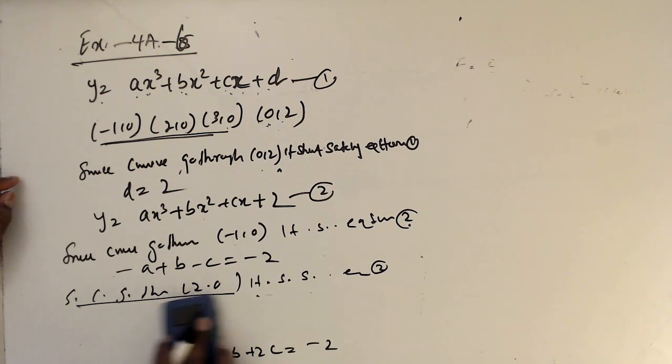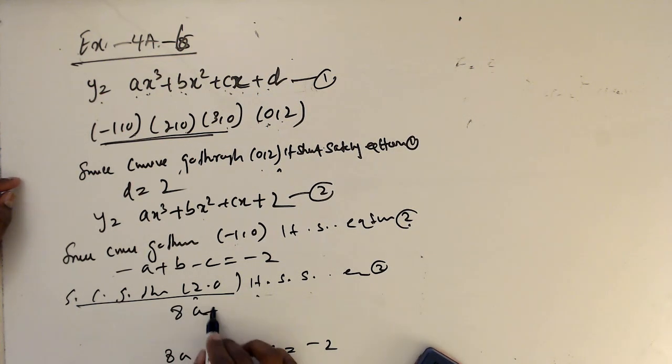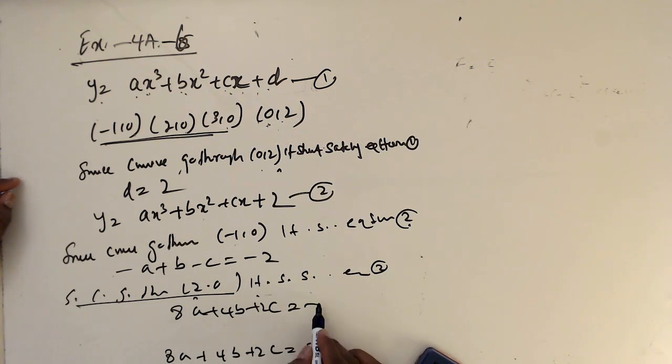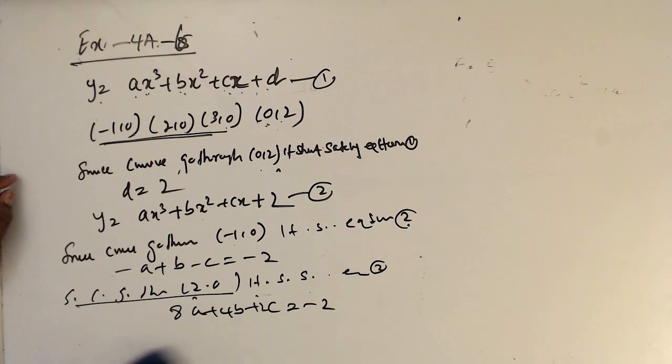Now, since it goes through 2, 0, you have 8A plus 4B plus 2C equals minus 2.